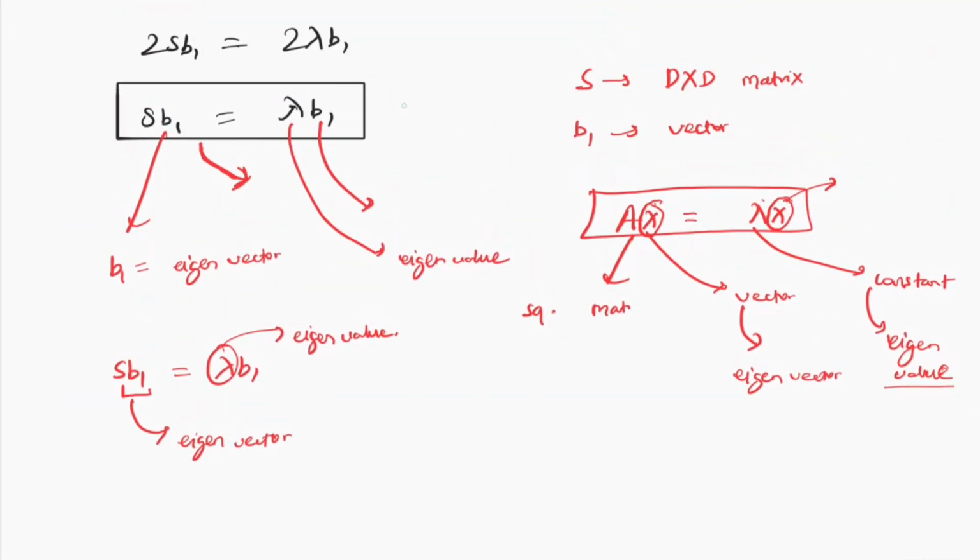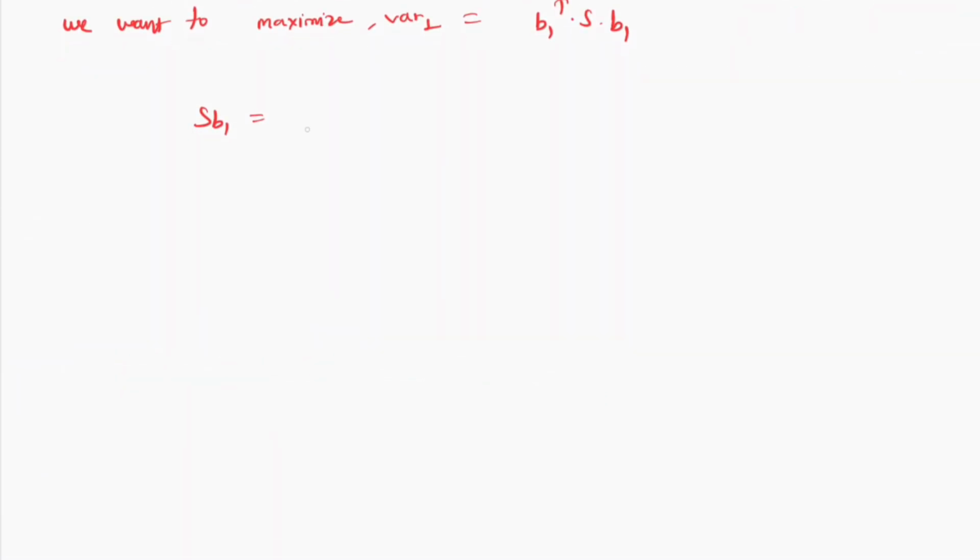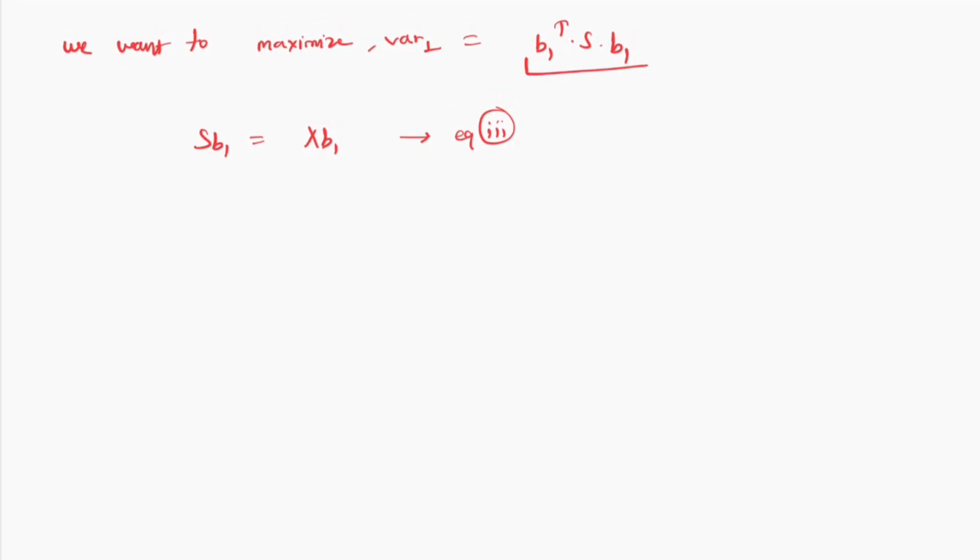This is important, so let us write it as equation 3: Sb1 is equal to lambda b1. If you want to get this value, we need to pre-multiply equation 3 with b1 transpose.